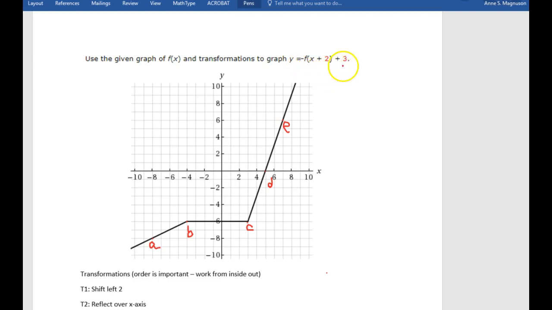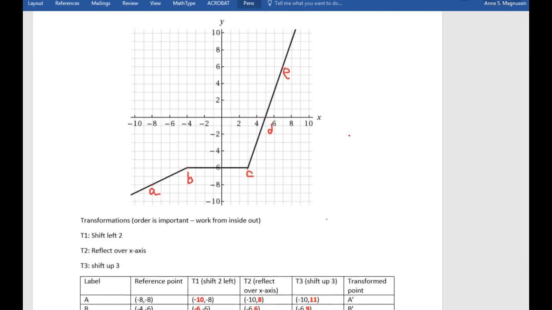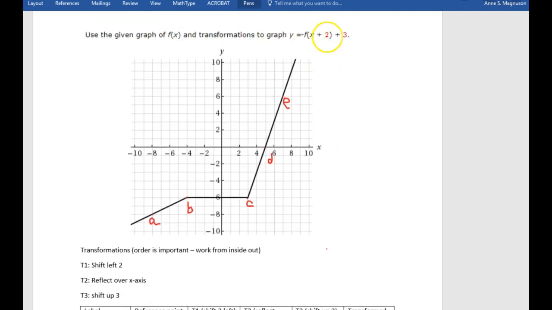And then finally, this plus 3 on the outside of the function tells me it's shifted up 3. So for each of these reference points, I'm going to do those transformations and then connect them. So the order is important. First you shift horizontally, then you do any stretches or reflections, then you shift vertically.